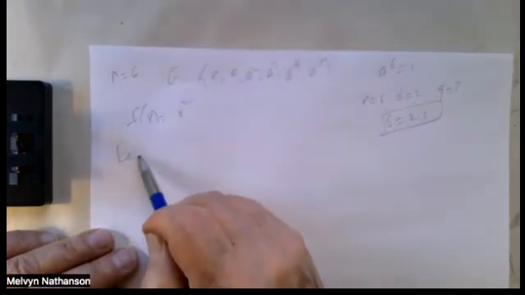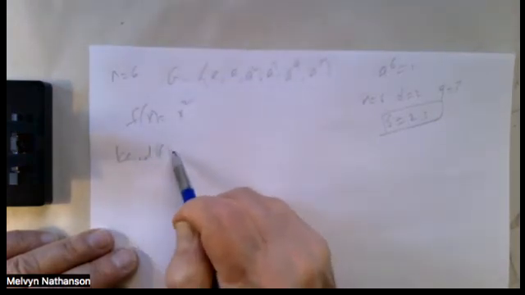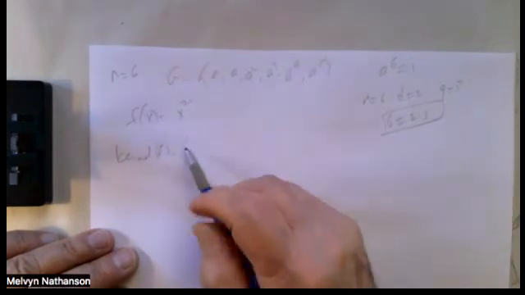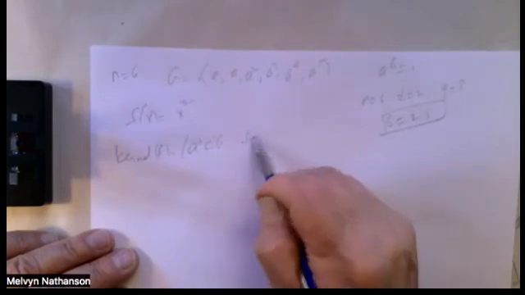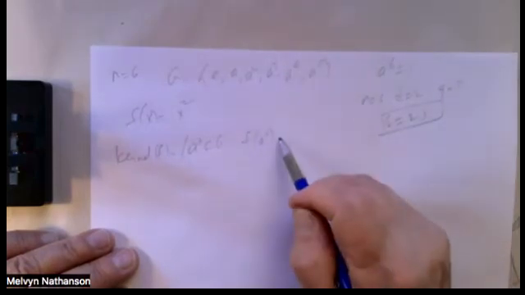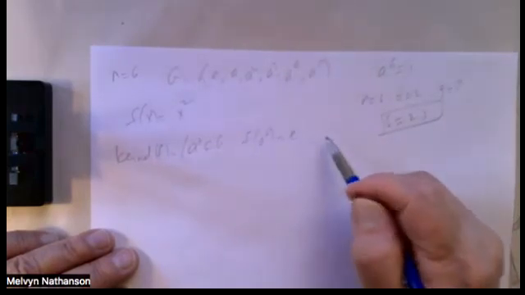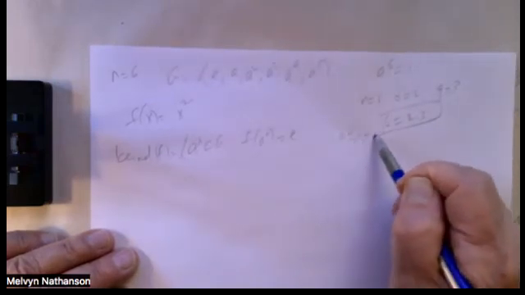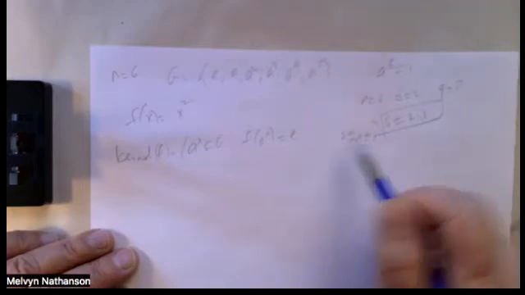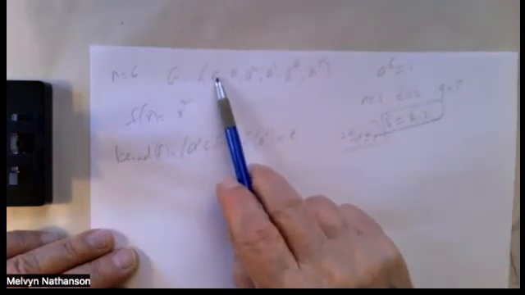So what is the kernel of f? It's all elements a to the i in G, such that f of a to the i is the identity, where i, this exponent, is between 0 and 5, right? These exponents go, the identity is a to the 0, from 0 up to 5.